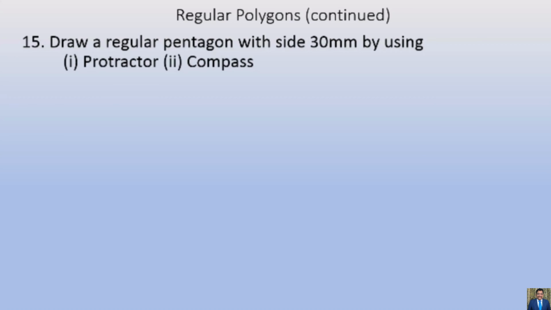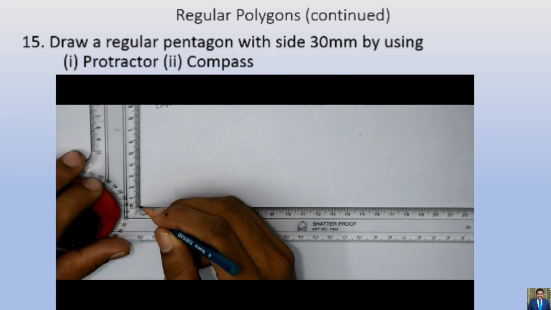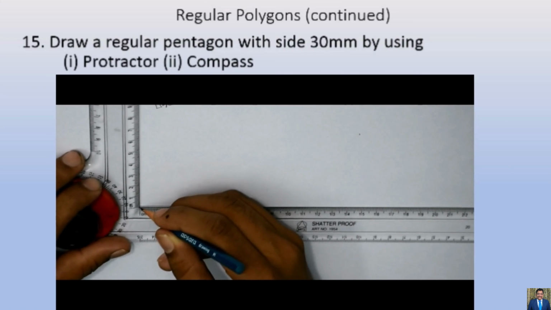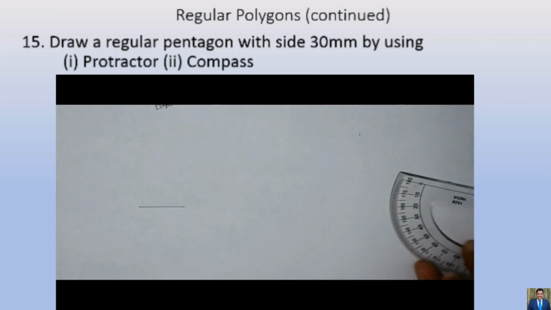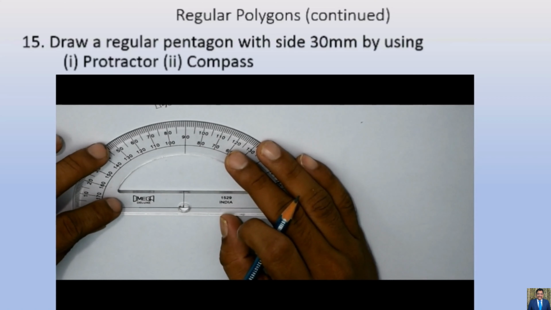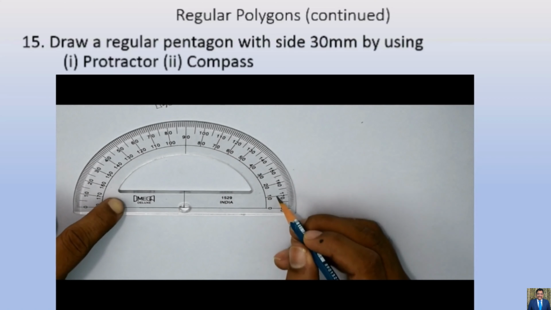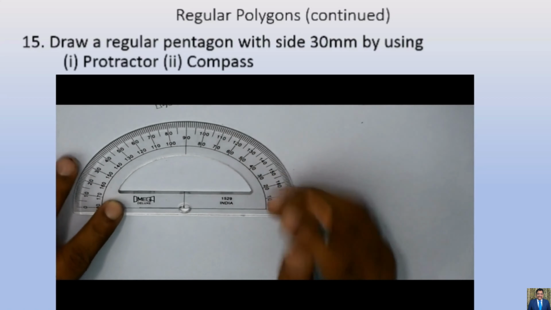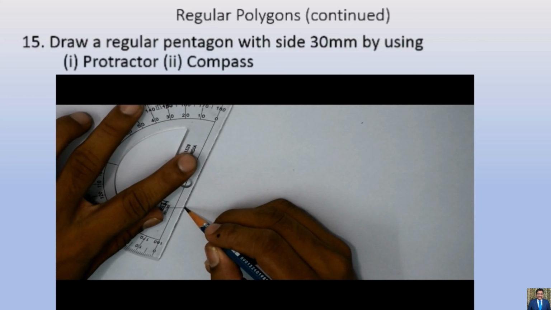By using a protractor. So observe here carefully, this is going to be very important. I have taken the first line here, which is 30 mm as given. Now by using the protractor scale, I will mark an angle of 72 degree from this side. 72 degree. Make a note of it, 72 degree.